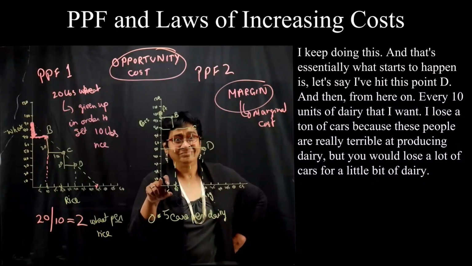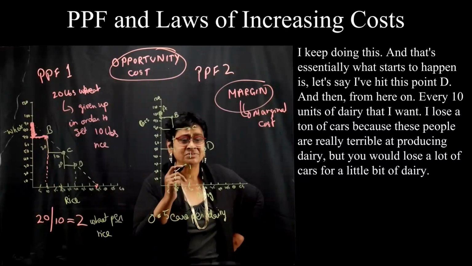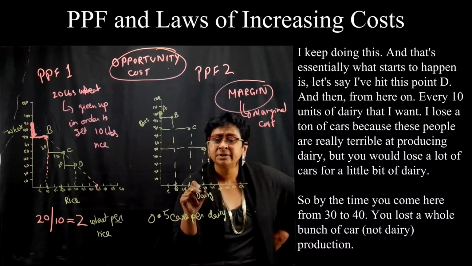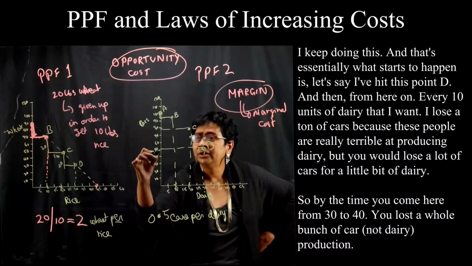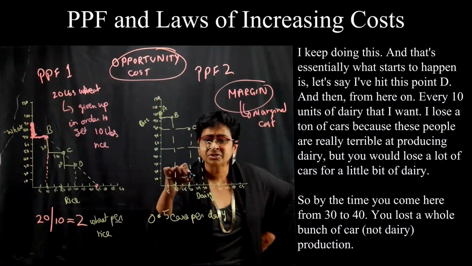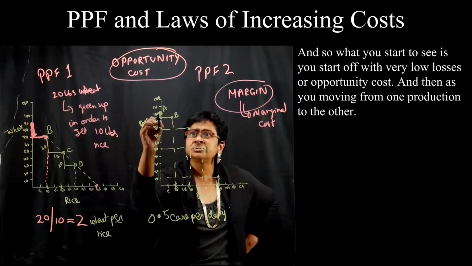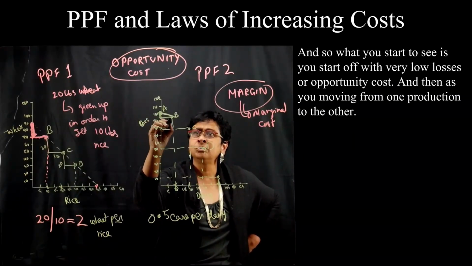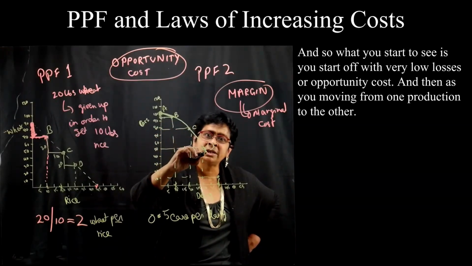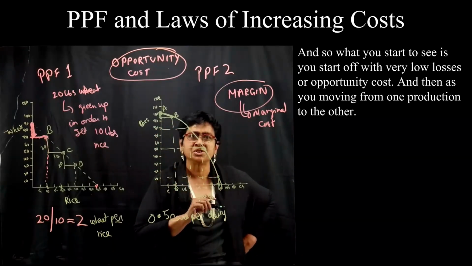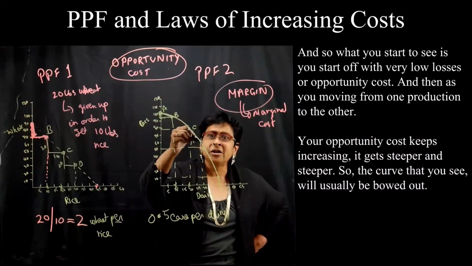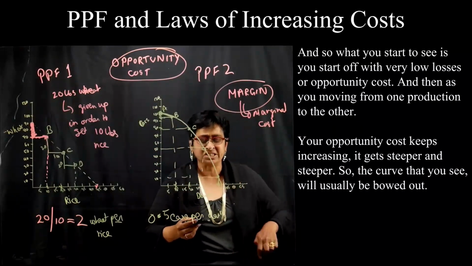You're going to lose a lot of cars for a little bit of dairy. So by the time you come here from 30 to 40, you lost a whole bunch of car production. And so what you start to see is you start off with very low losses or opportunity cost. And then as you keep moving from one production to the other, your opportunity cost keeps increasing. It gets steeper and steeper.